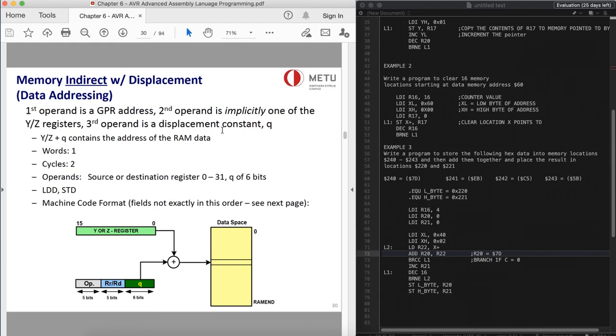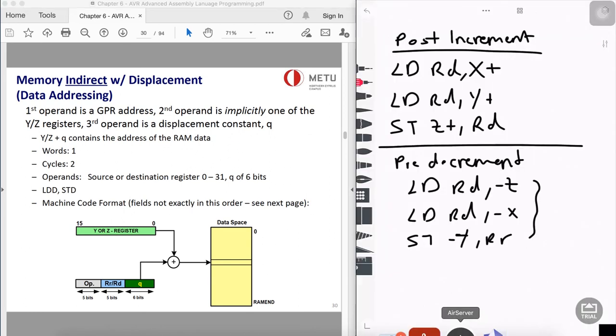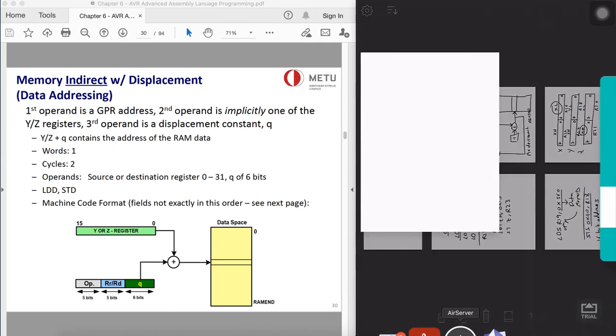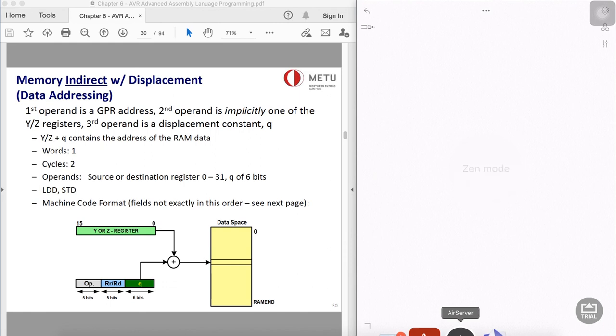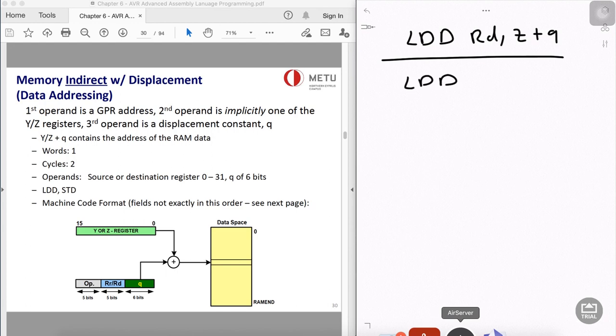So for example, the instruction is LDD, for example, LDD RD, Z plus Q. Now, if we want to read from the location that is 5 bytes after the location which Z points to, what you can do is load R20, which is Z plus 5, or store R20, it's the other way around, store Z plus 5, R20.